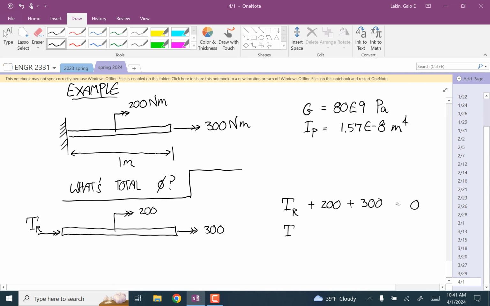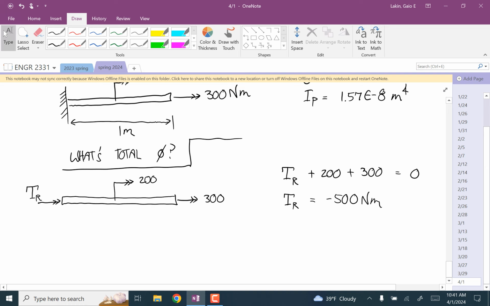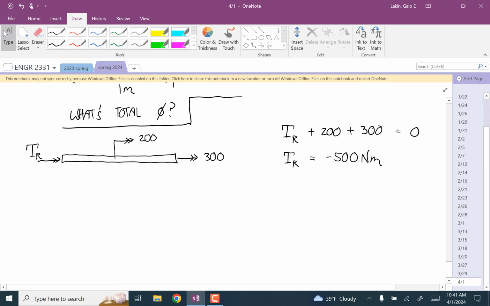So T_R is equal to negative 500. And now we can think of the cuts. Cut 1 is for the first half of that bar, 0.5.